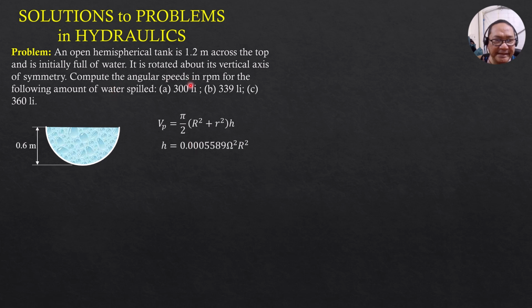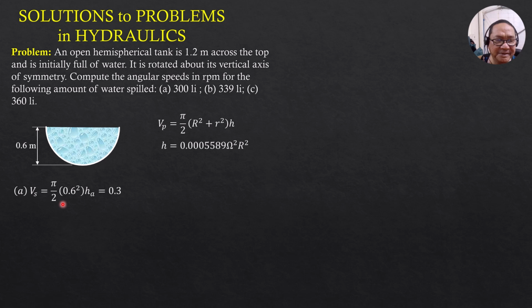So for part A, 300 liters, or 0.3 cubic meter. We set small r to 0, assuming that the height is less than 0.6.